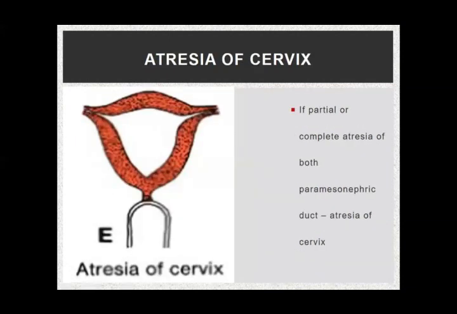Atresia of cervix. Vagina तो बना है, cervix नहीं बना, ठीक है? Partial या complete atresia of both paramesonephric ducts. In that case, there is atresia of the cervix.